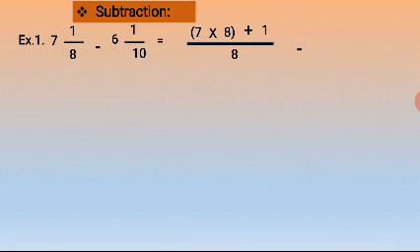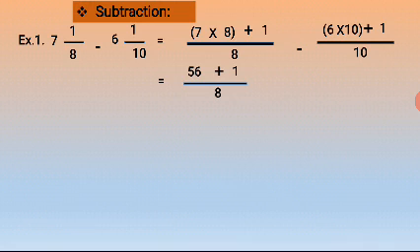This fraction also we convert into an improper fraction, so 6 into 10 plus 1 upon 10. Now we calculate the operation in the above fractions, that is, 7 into 8 plus 1 upon 8 is equal to 56 plus 1 upon 8, minus 60 plus 1 upon 10. Now next step, we take the sum of numerators.